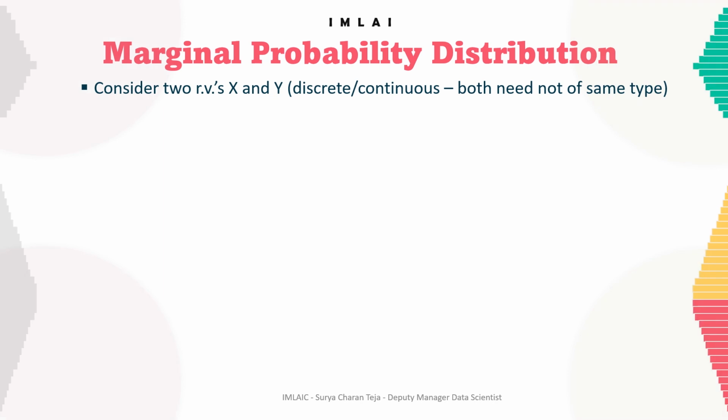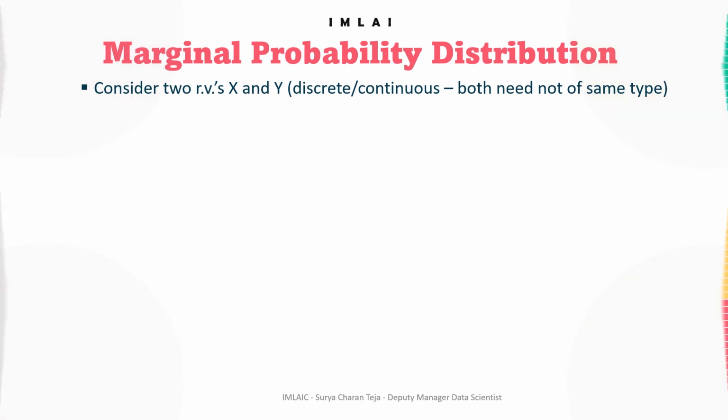Before this, we have seen the joint probability distribution, where you can work on two or more random variables at a time. It establishes a relationship between the two or more random variables. That's your joint probability distribution.